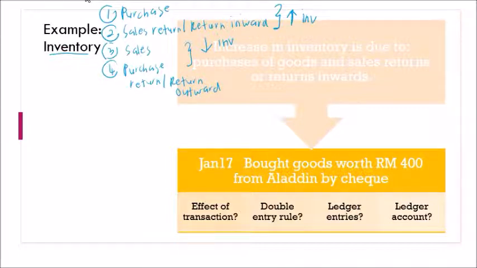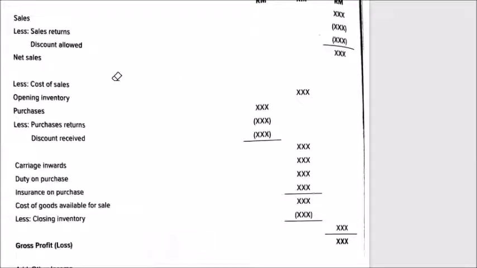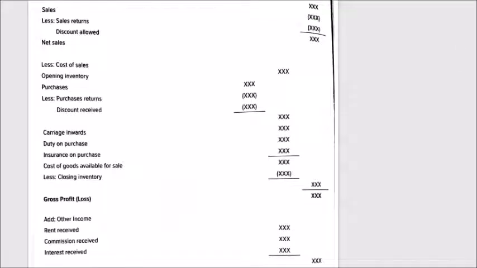Okay, so these 4 are the main transaction in the inventory. So I'm going to show you how this transaction is recorded in a financial statement. Okay, so as I said in chapter 3, for revenue and expenses, they are recorded in the profit or loss, right?